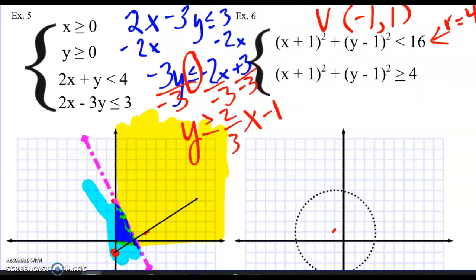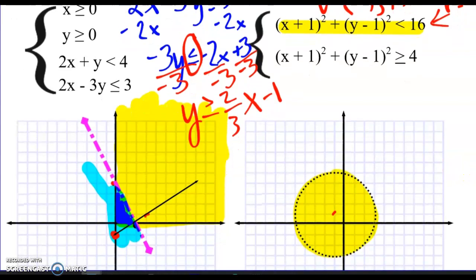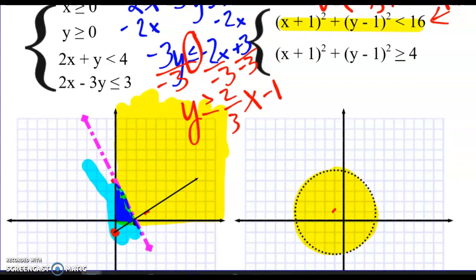Wow. It should be dotted because of this. And then it says I'm going to color inside of this circle. That's not perfect, but you get the point. It's easier to color with an actual colored pencil at home.